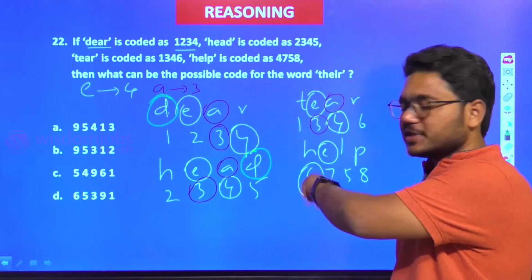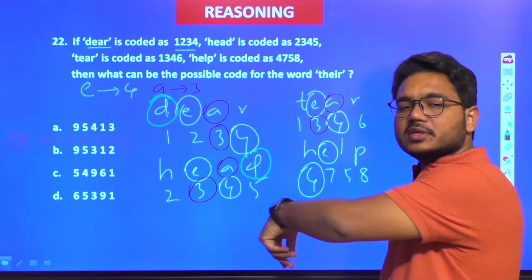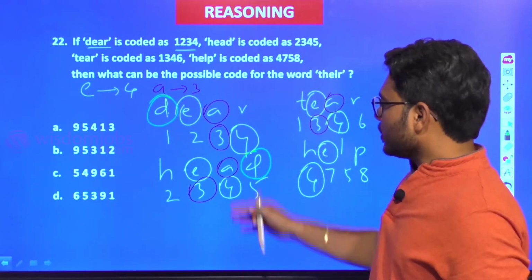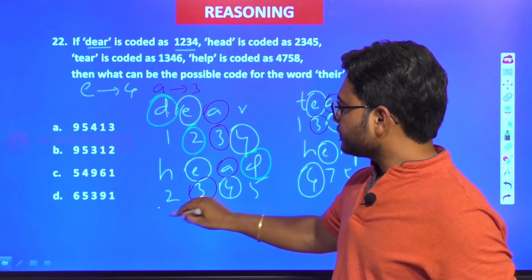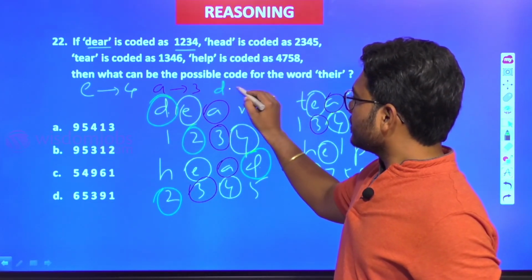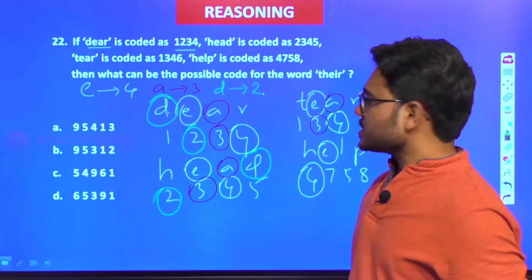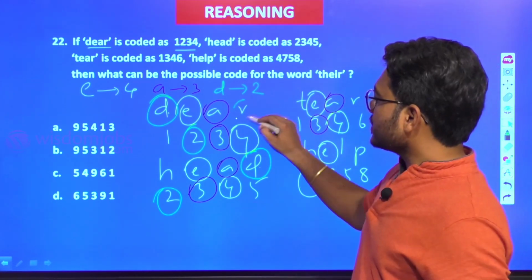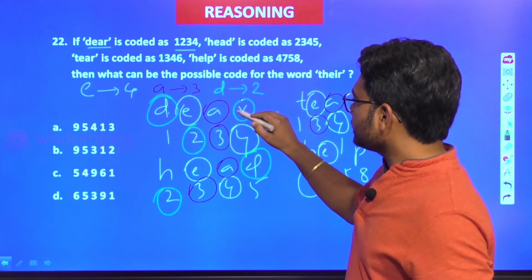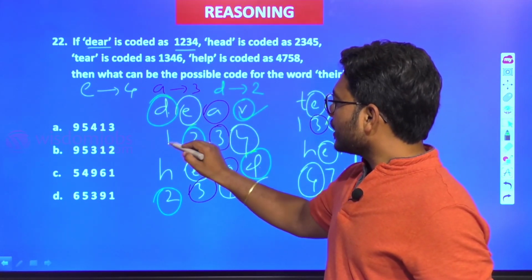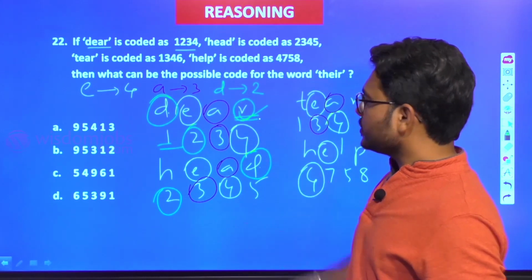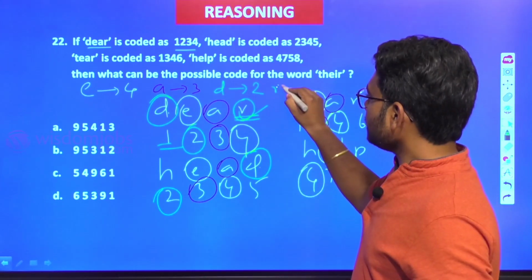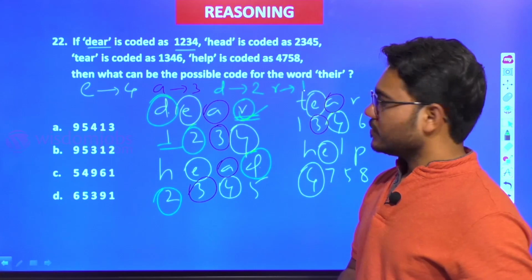Two times repeated, and in these two words, what is the repeating term? 2. So D will be decoded as 2. So obviously the remaining letter is R here. R can be coded as 1.